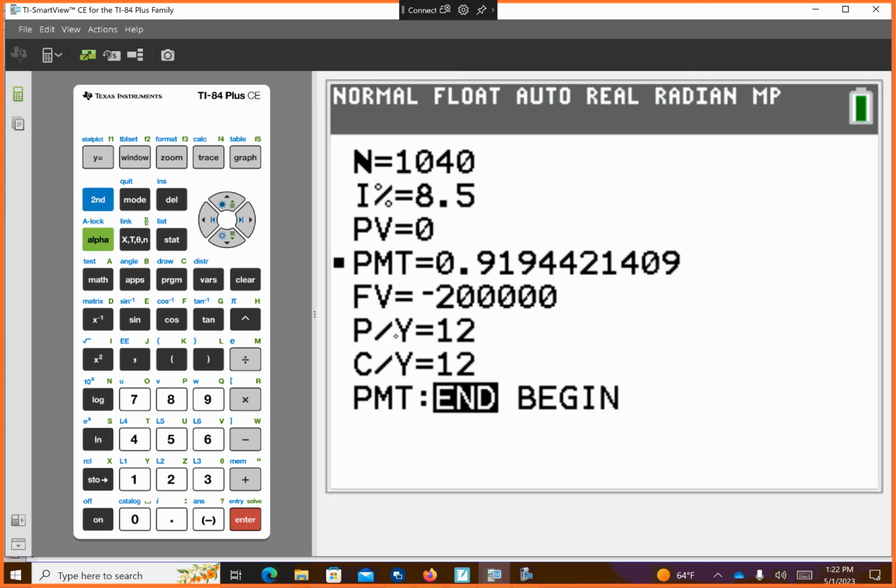Oh, there's my mistake. Payments per year. I'm way off. Payments per year, I'm doing every week, so that should be 52. If that changes to 52, the bottom one changes to 52, and that should help us. I hope.